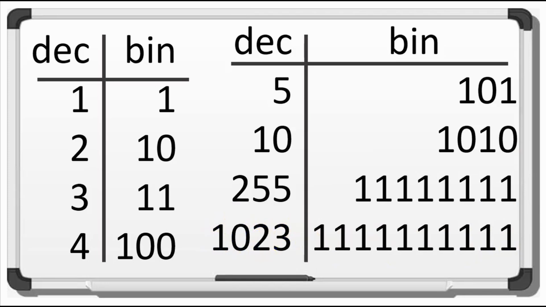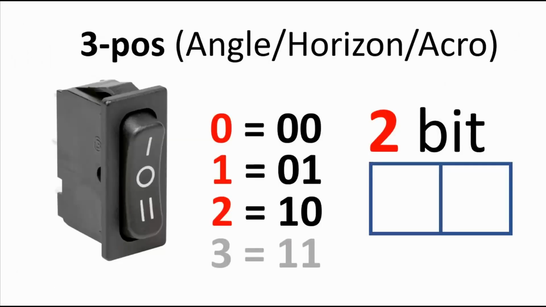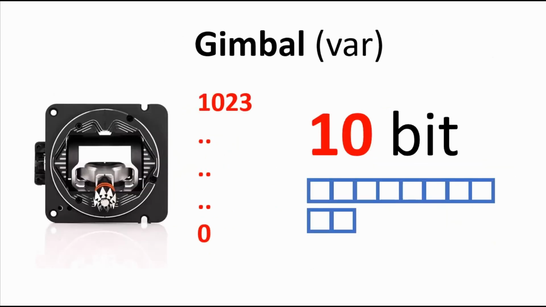So why do we need all this? Let's get back to our switch. We can encode one position to 0, 0, another position to 0, 1, and another position to 1, 0. So for a 3 position switch, we need 2 bits. Well, we can use even a 4 position switch anyway. But if we want to encode more accurately, for example a gimbal, it's not a 4 position switch.